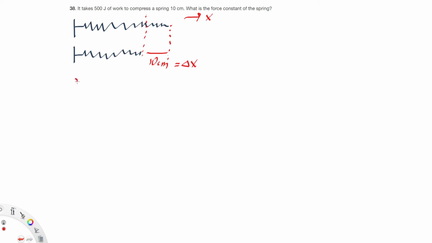The potential energy stored in a spring is equal to the work that you had to do on the spring in order to stretch it, which is equal to 1/2 k delta x squared.